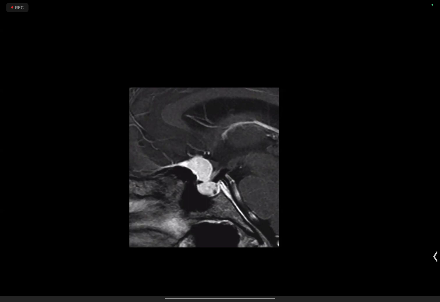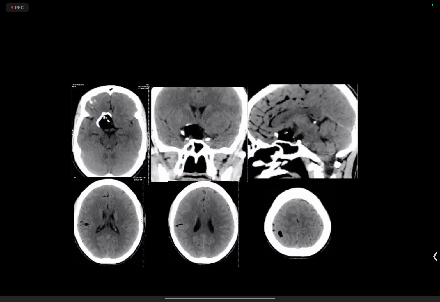So my first differential would be a meningioma because of the dural tail. And this was a meningioma. I don't think there are any differentials for this. Next case.